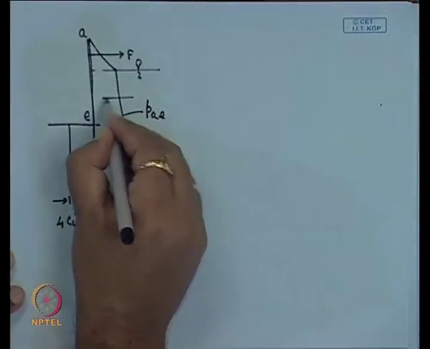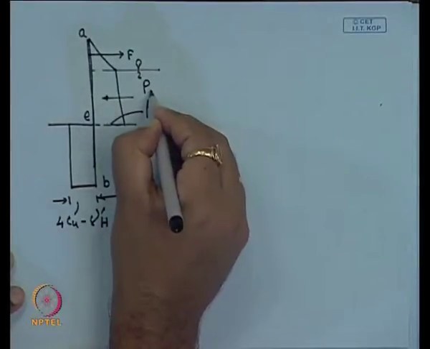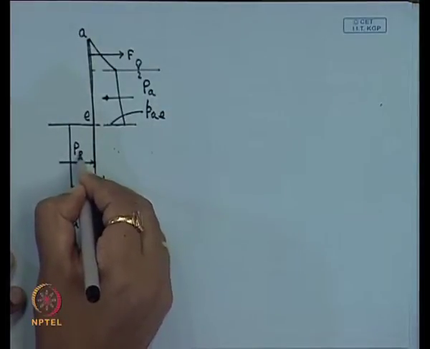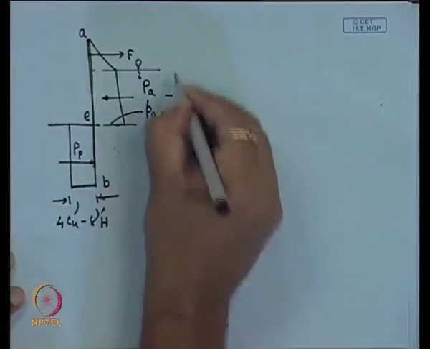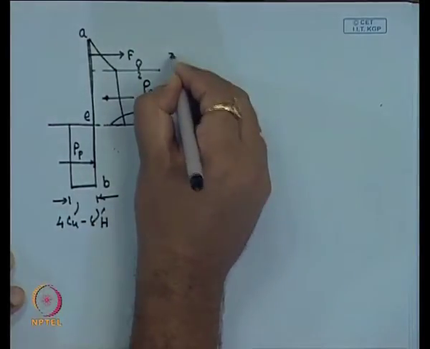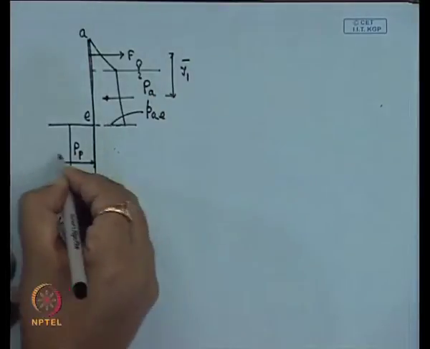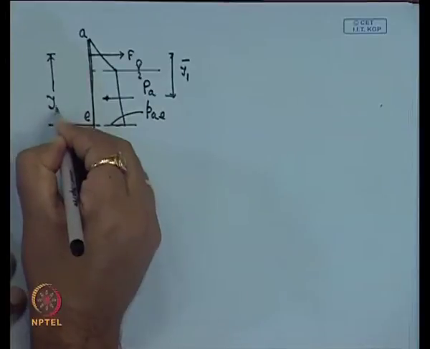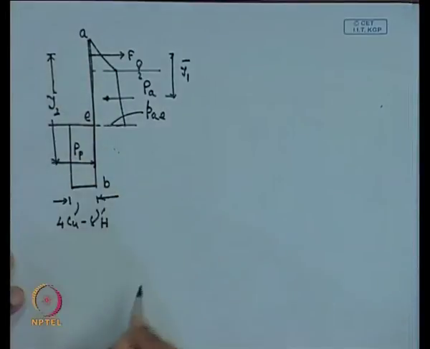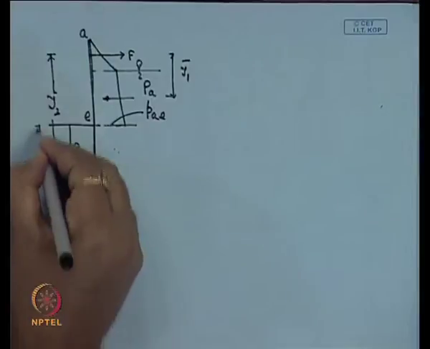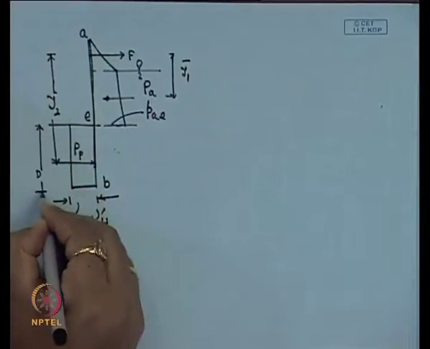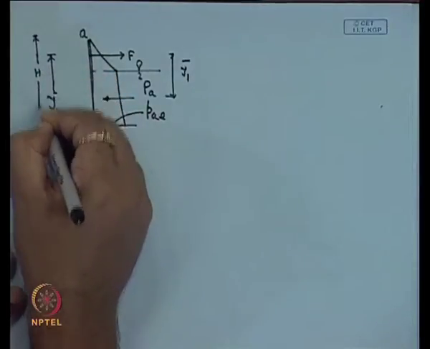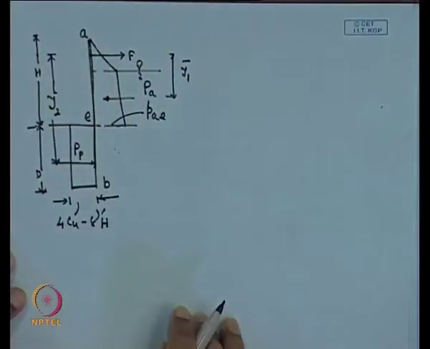The forces which are acting are P active and P passive. This distance from the rod level to P active is y1 bar and this distance from the rod level to this point is y2 bar. D is the required depth of the sheet pile, and capital H is the height of the sheet pile.